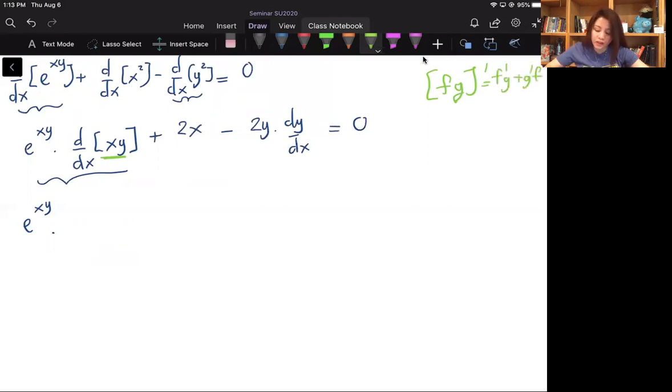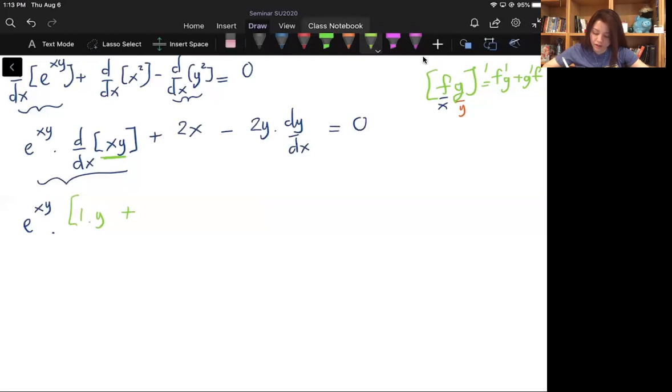Here you can think of f as being x, and g as being y. So first we take the derivative with respect to x of x, that's just 1, times g, which is y.